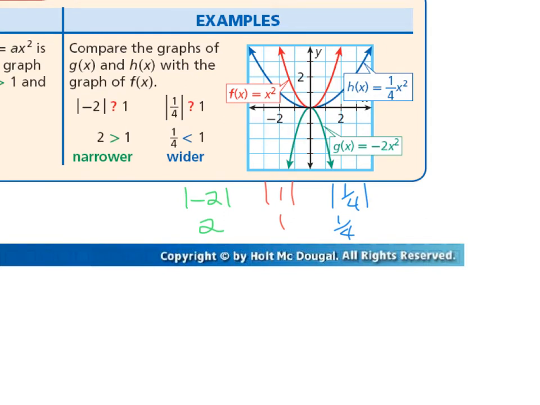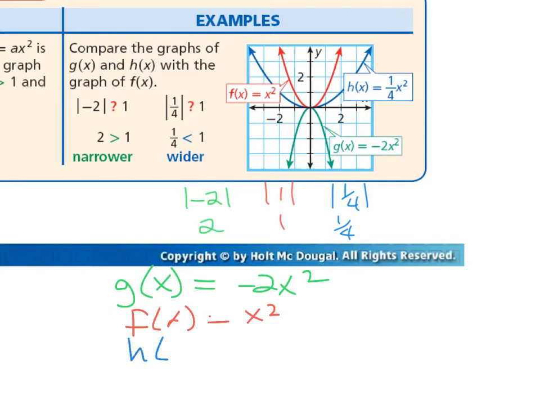So the g of x will be the narrowest graph, because it has the largest coefficient after it's been absolute valued. Next would be the red, which is the parent. And then lastly, the h of x, which has the smallest a value.